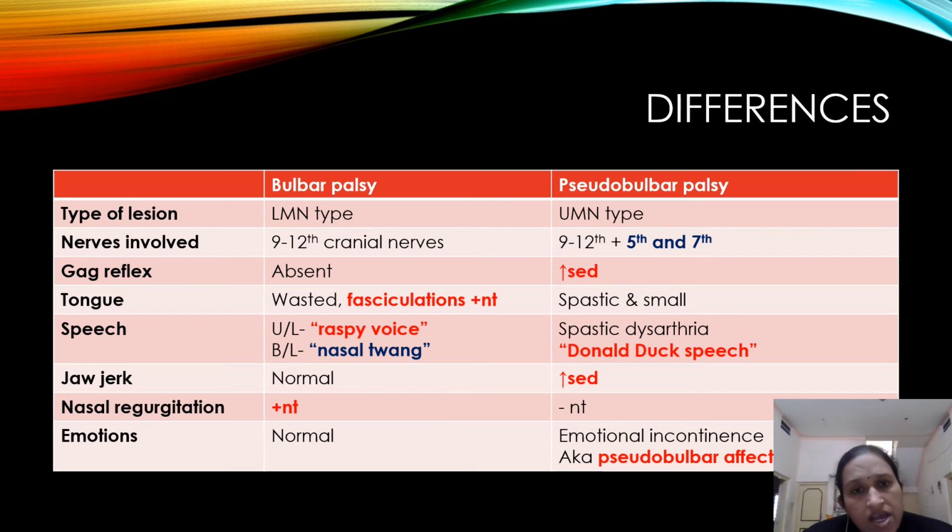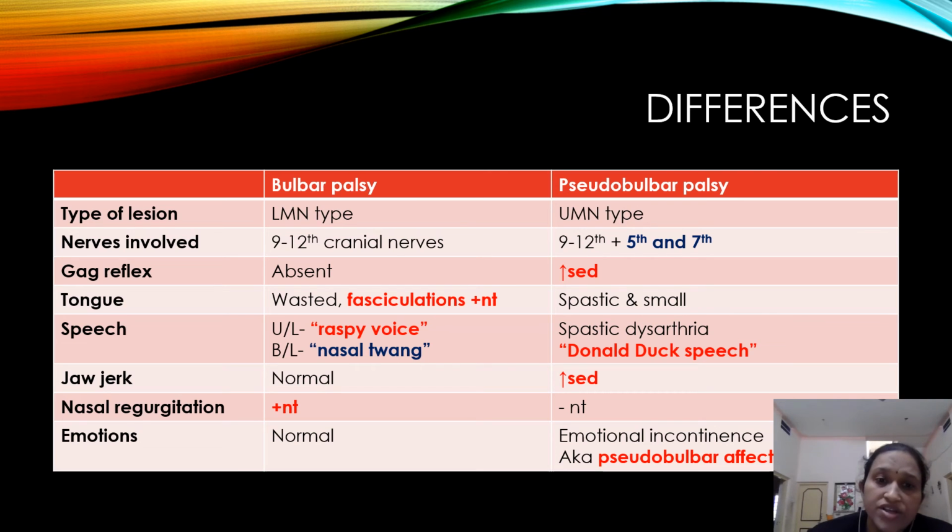In both types of palsies, 9th to 12th cranial nerves are involved, but if the 5th and 7th cranial nerves are also involved, then it is a pseudobulbar type of palsy. The gag reflex is absent in bulbar palsy while it is exaggerated in pseudobulbar palsy. If we look at the tongue of the patient, it is wasted and fasciculations are there in bulbar palsy, while the tongue is spastic and small in size in pseudobulbar palsy.